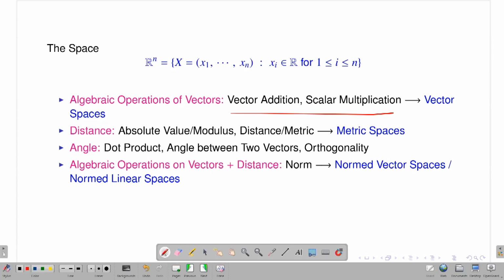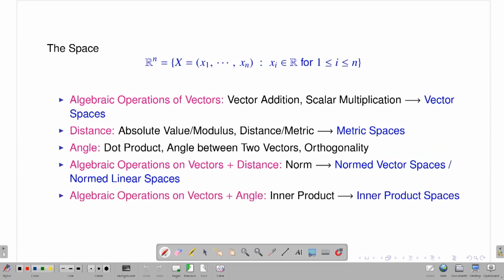Basically, the dot product also yields some kind of distance. I can take the dot product of A with A itself, which gives modulus A squared. So, the dot product or inner product gives not only the angle, it also gives a specific distance.